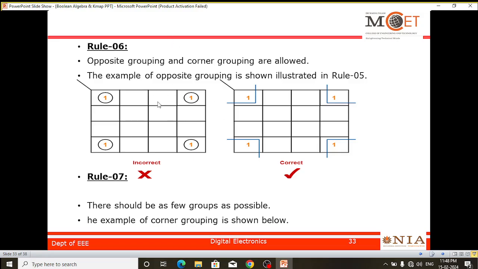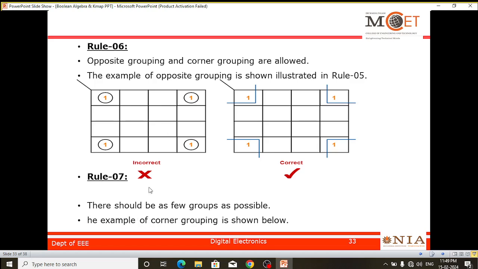In case minterms are available in this 4 variable K-map, this one, this one, this one, this one, this is the correct method. So folding these 2 and these 2 is correct; forming them separately is incorrect. In rule 3, there should be as few groups as possible.